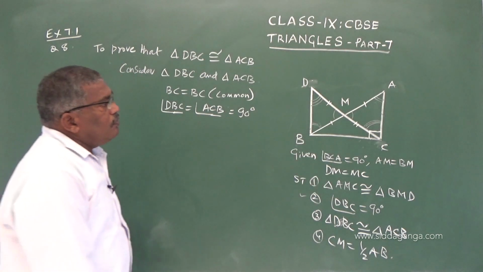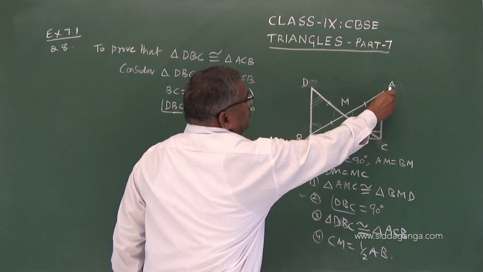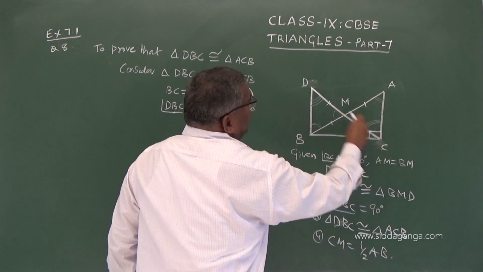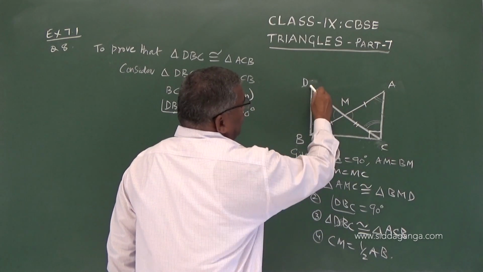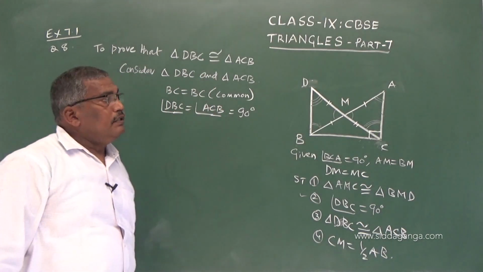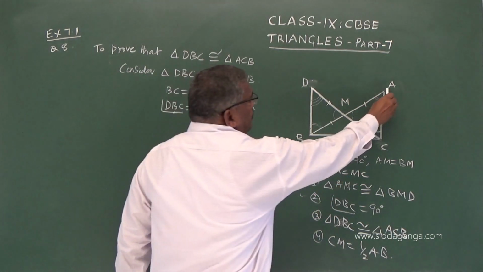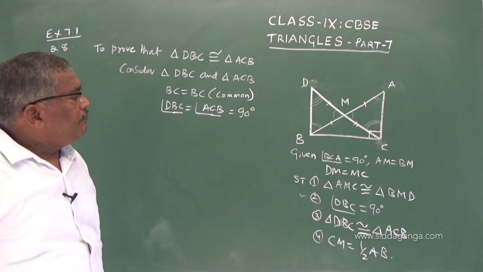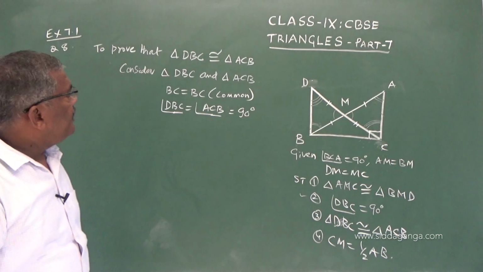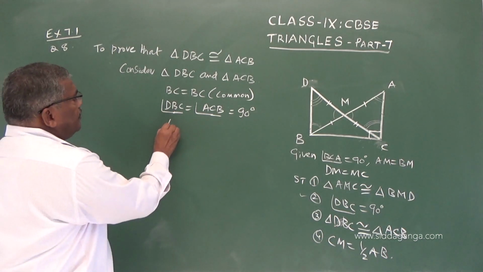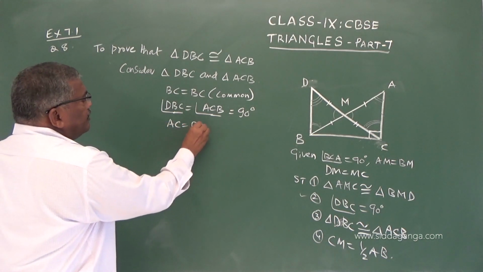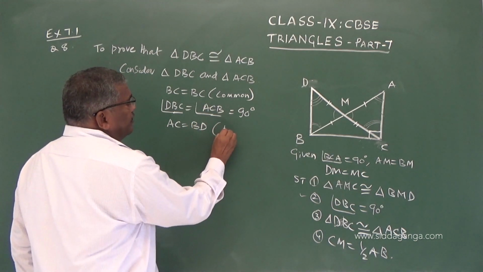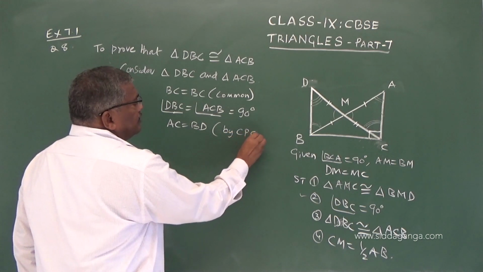Now we know that triangles AMC and BMD are congruent. So therefore AC will be equal to BD. Why? By CPCT.